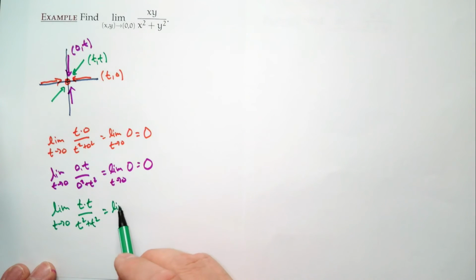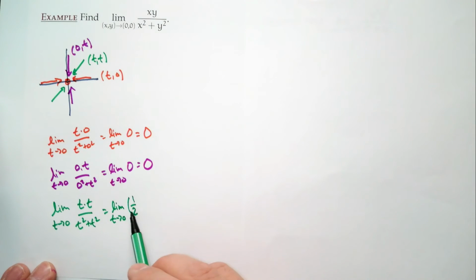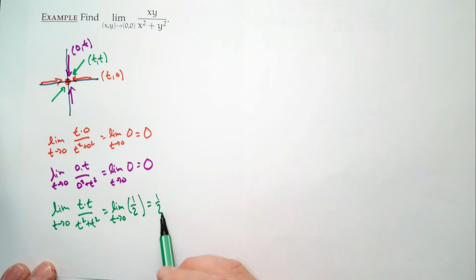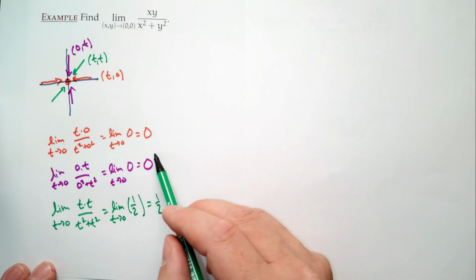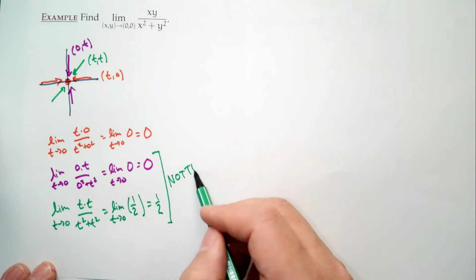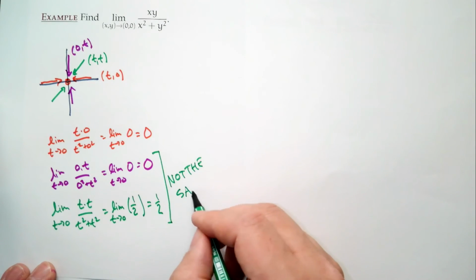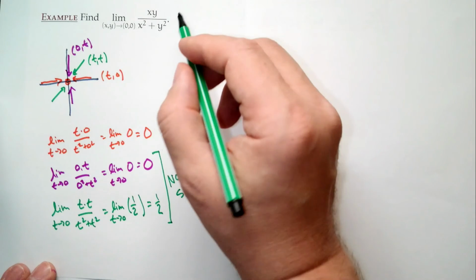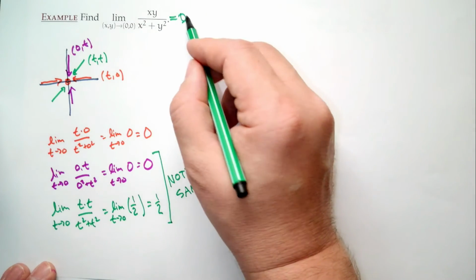Well, what does that become if we simplify it? You get t squared upstairs, t squared plus t squared downstairs becomes 1/2. And the limit of a half is a half. Now what? Now we're done. Because 0 and a half are not the same. And once we see that we have two values by different approaches that aren't the same, the limit does not exist.